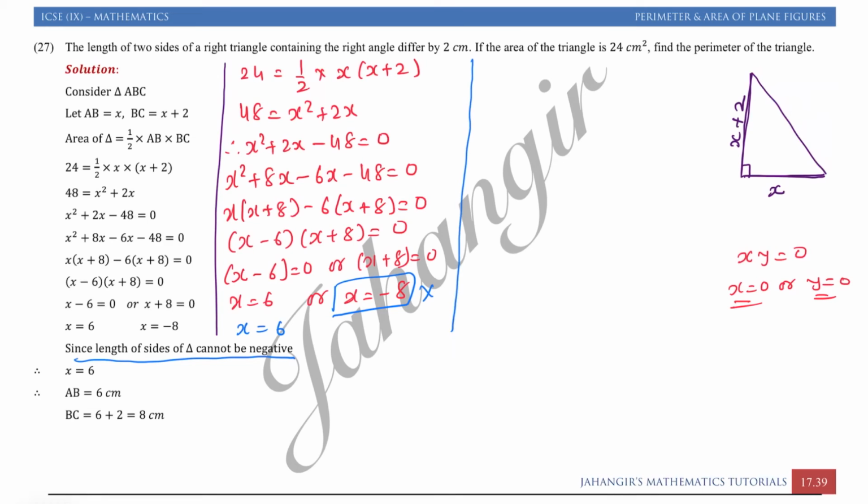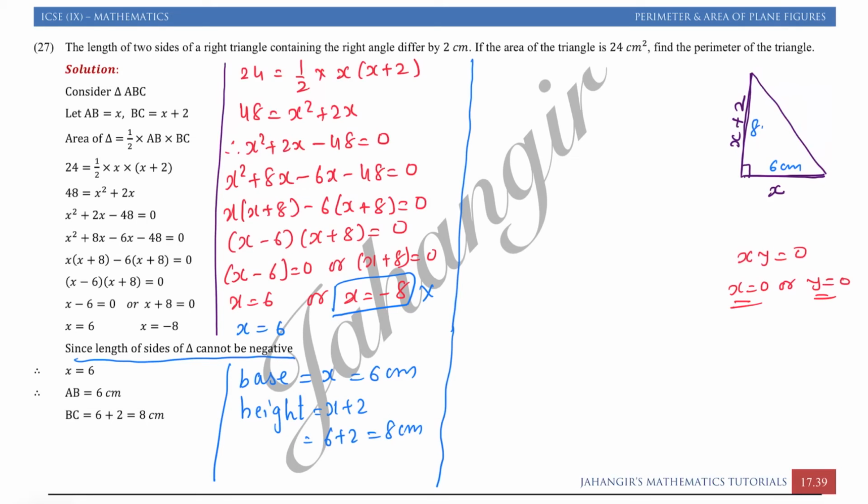So once you get x as 6, we can say base is equal to x, that is 6 centimeter, and height is x plus 2, that is 6 plus 2, which is equal to 8 centimeter. So this is 6 centimeter, this is 8 centimeter. So we can find the hypotenuse of triangle ABC.